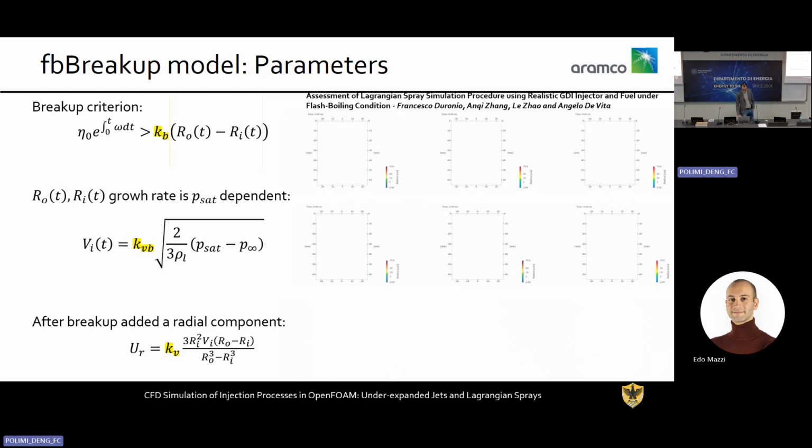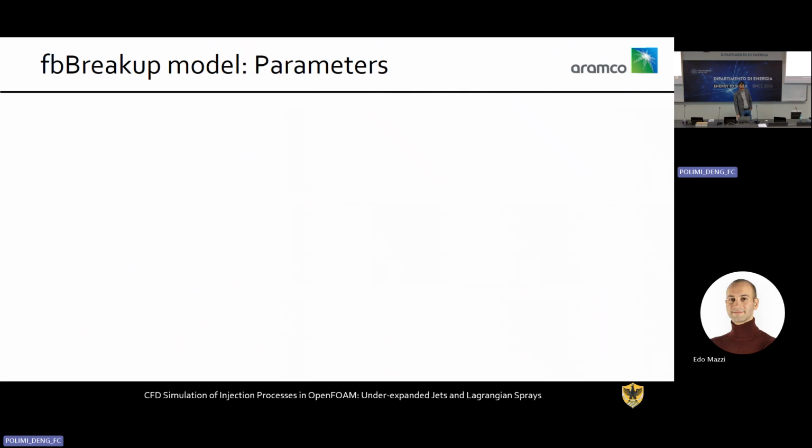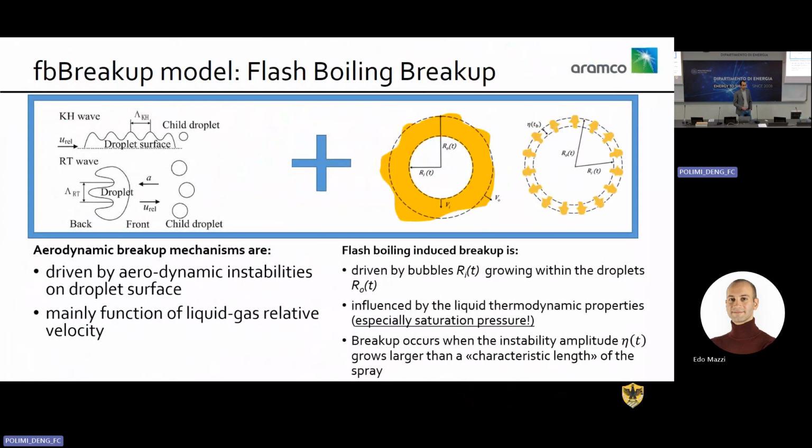I see there was in the past some work that used as breakup criteria a comparison between the bubble volumes and the volume of the original parcel, so that goes with the cubic of the bubble radius. I want to hear something more on why these criteria go linearly with the radius instead of the cubic of the radius. So just if you give some hint.